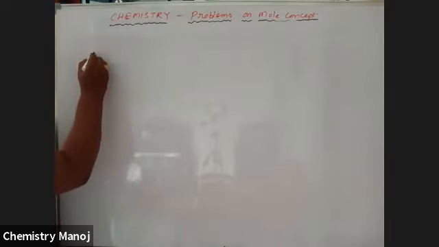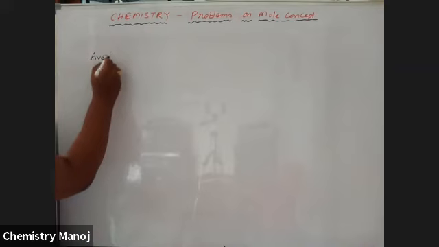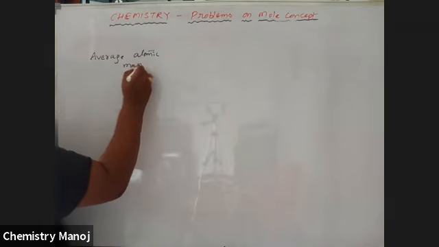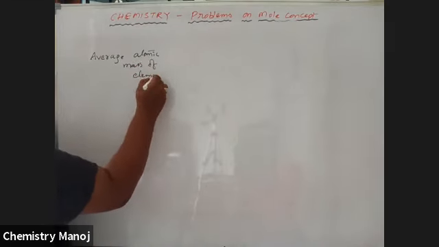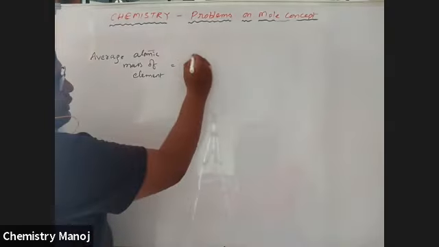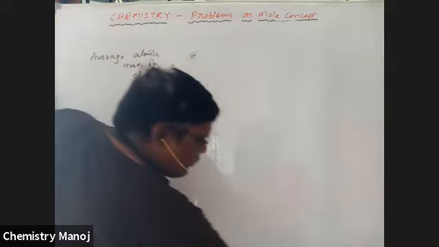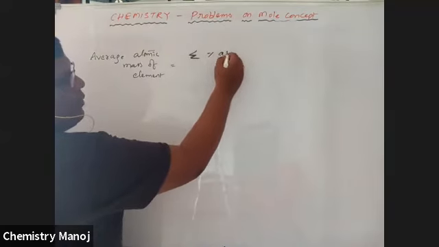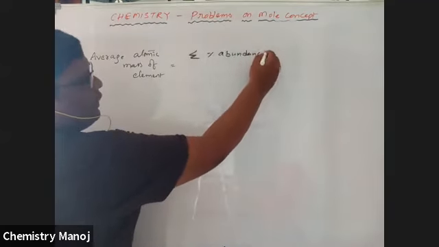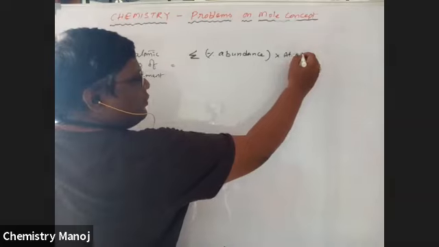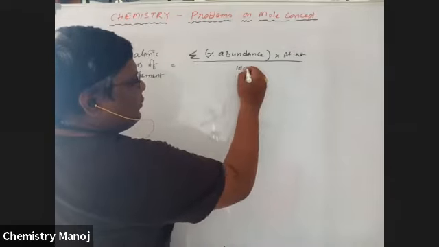So please note that. Average atomic mass of an element is equal to sigma of percentage abundance of that particle into its atomic weight, by 100.